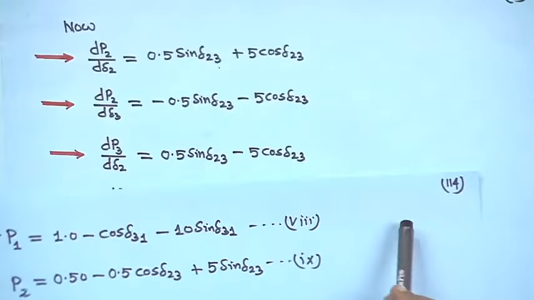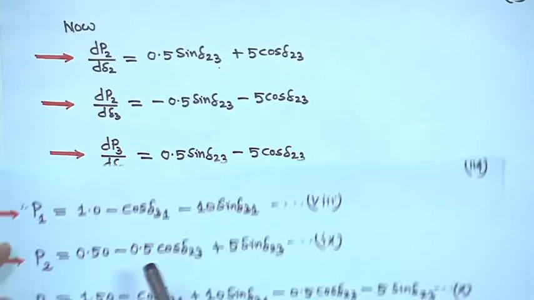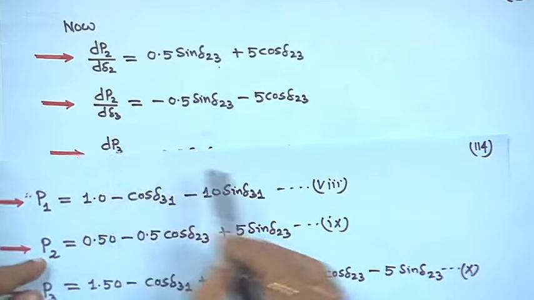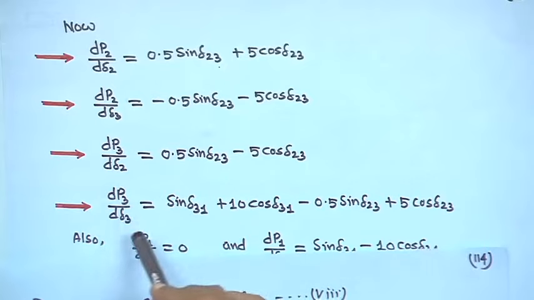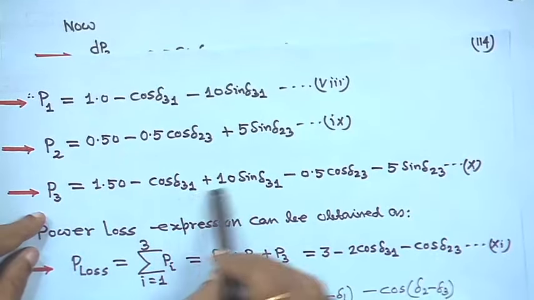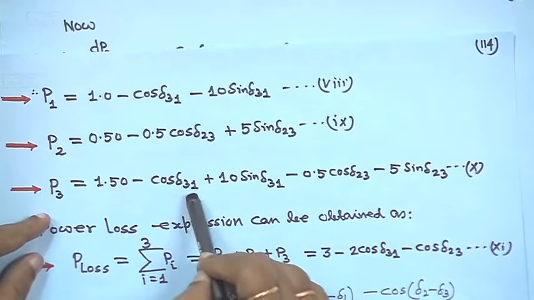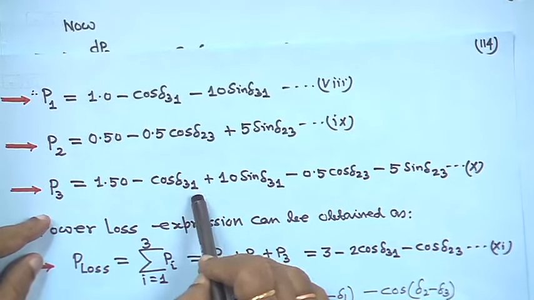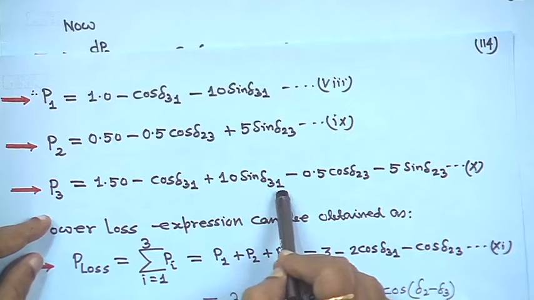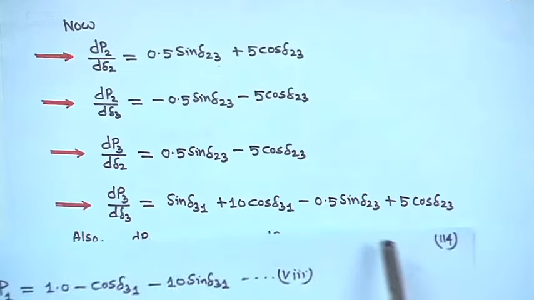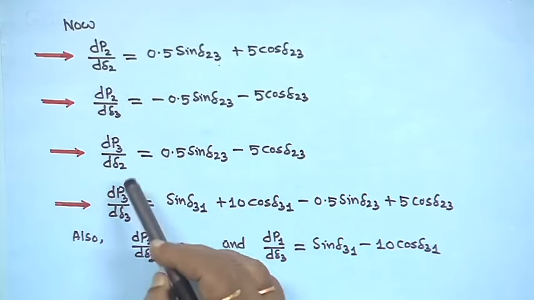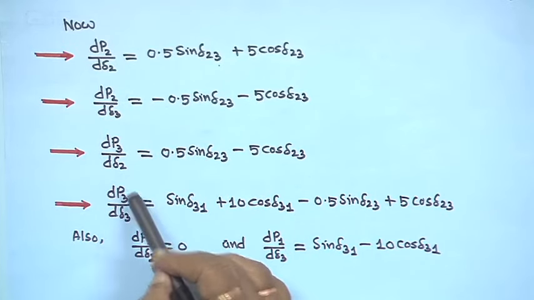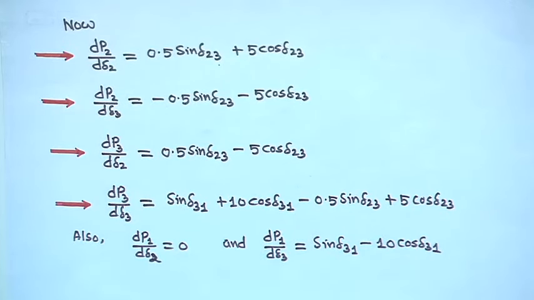Similarly, dP3 upon d delta 2 and dP3 upon d delta 3 you take the derivative. This way you get dP2 d delta 2, dP2 d delta 3, dP3 d delta 2 and dP3 d delta 3. So, this is the expression you got.